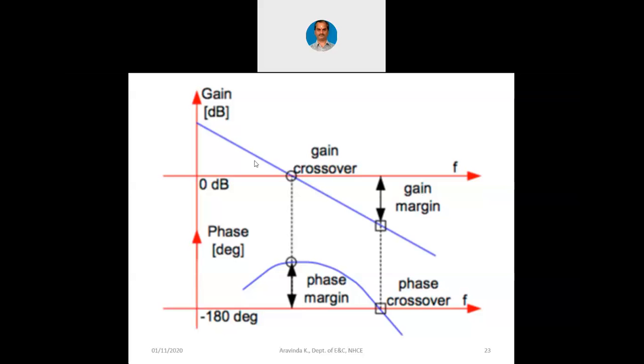Now you can see in this picture, when the gain is becoming 0 decibels, or when the gain is becoming unity, at that time phase has not become minus 180. I am discussing with respect to a normal amplifier. You should not get confused when this picture says minus 180 degree, because earlier we were discussing the common emitter amplifier, where we were discussing 180 degree phase shift coming down to 0.